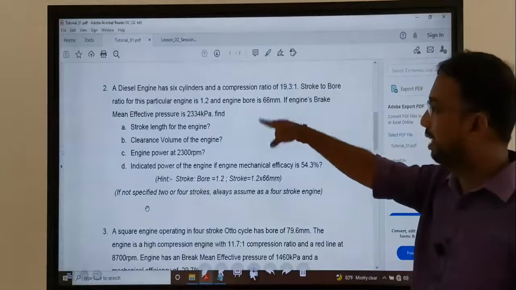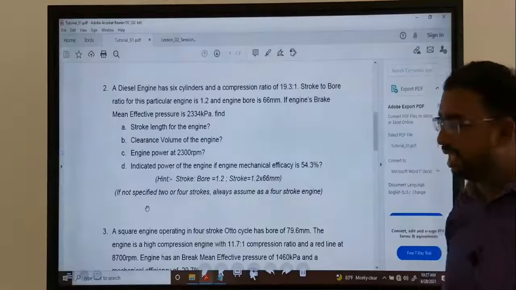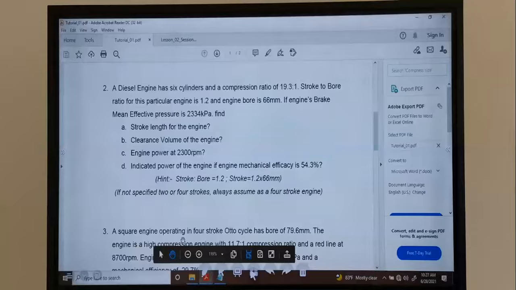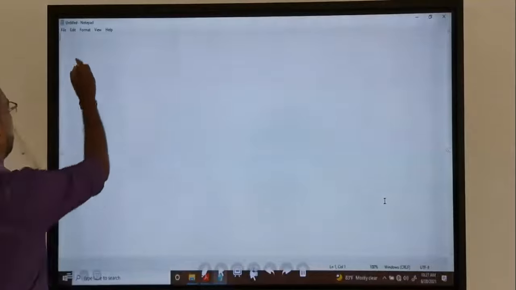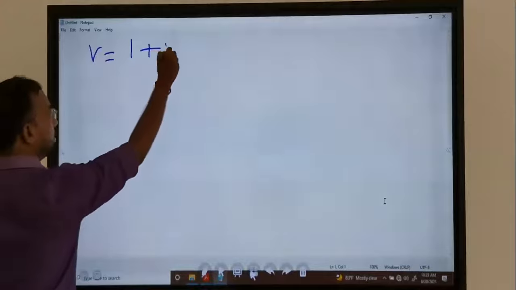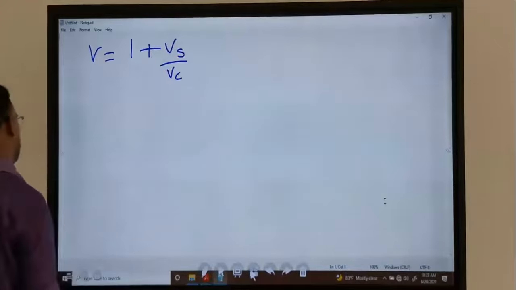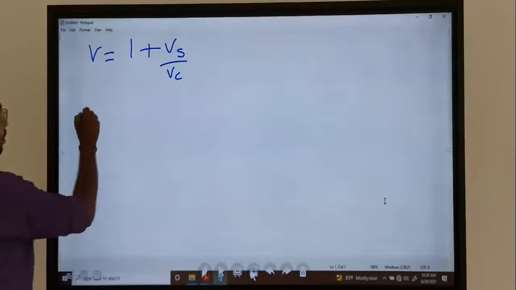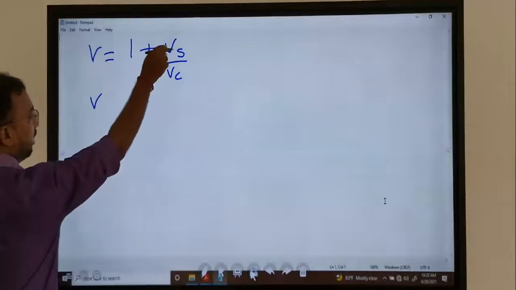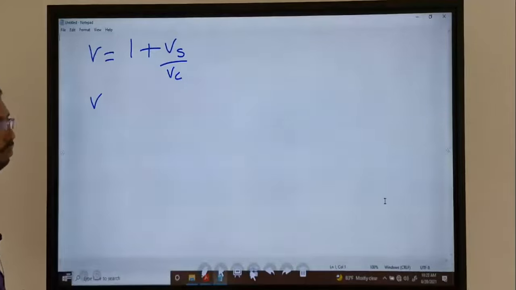The compression ratio is 19.3 to 1. Now the clearance volume of the engine, VC, we have to find. This is not the capacity, it is the clearance volume. I write the compression ratio equation. To find the clearance volume, we first have to find the swept or stroke volume.